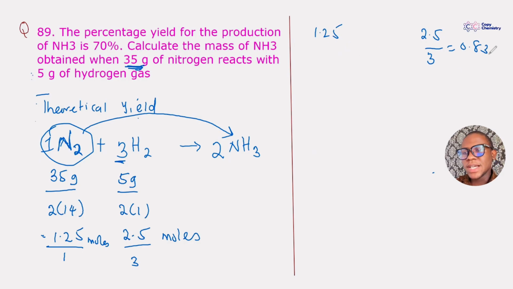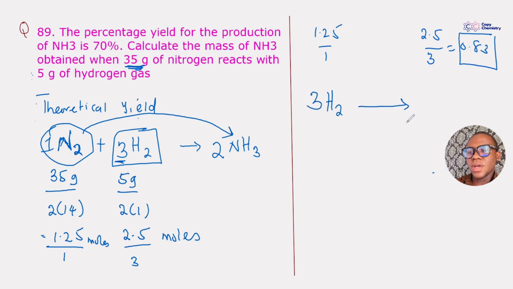So it's very clear that 0.83 is smaller, meaning that hydrogen is our limiting reagent. So we must compare hydrogen with our ammonia for correct calculation. Now, 3 moles of hydrogen produces 2 moles of ammonia, but we're given 2.5 moles of hydrogen here.